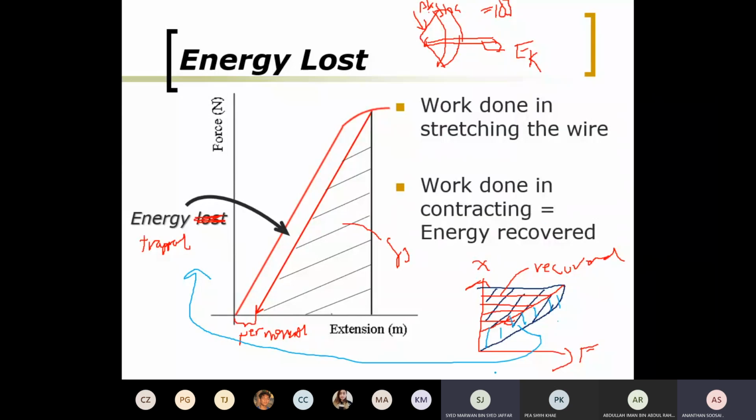In real life, you cannot sketch. If they ask you to sketch, you can sketch. Sketch means the value we cannot determine. It's only a sketch. But if you want to get the actual graph, you have to conduct the experiment. You load it, then you unload it. When you unload it, you get every coordinate. Then finally you can see what the permanent deformation is.